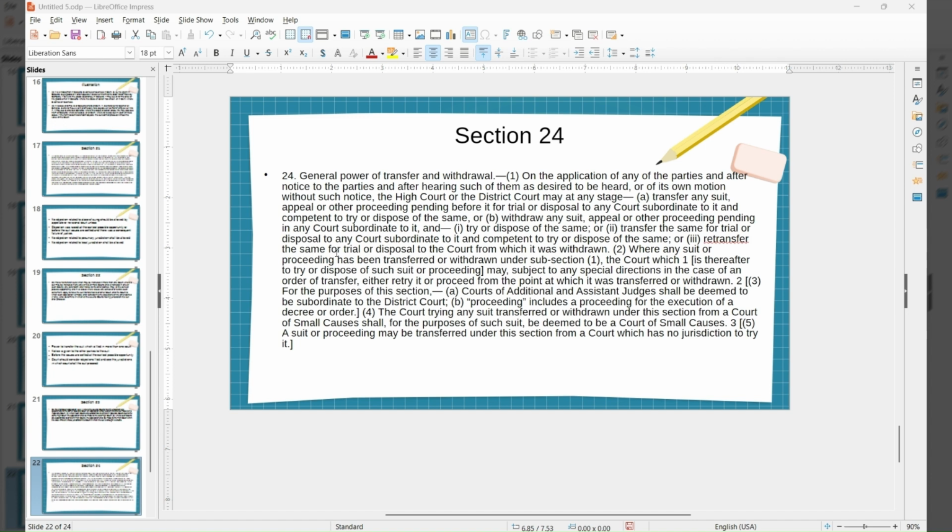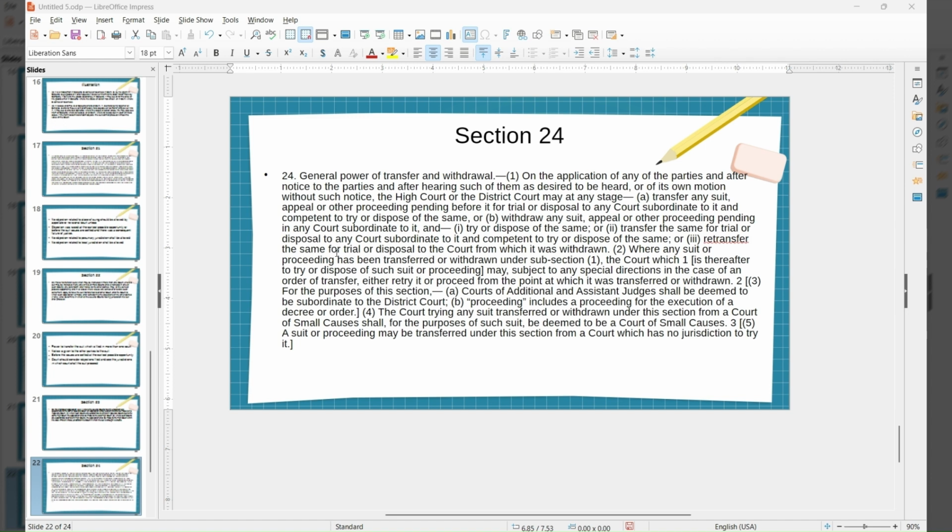They think that the suit which was transferred based on the transfer application should be transferred from B to A again, as the original court is the right court to hear that suit. Then they will retransfer it, okay.